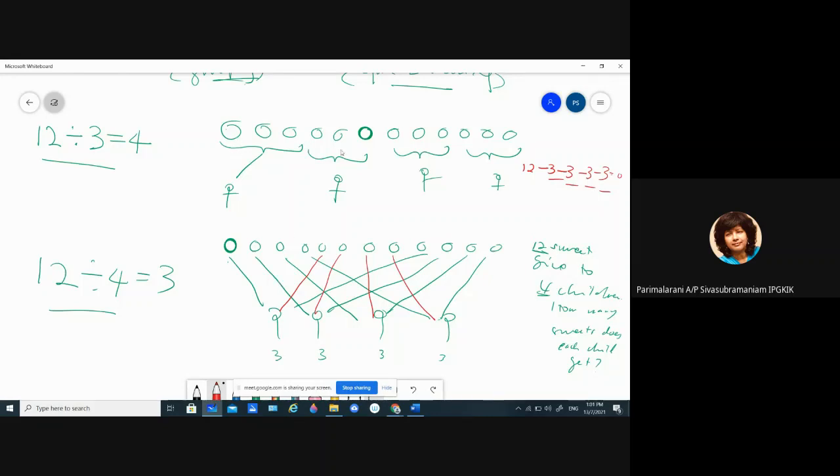I'm going to read one story to you. You tell me what concept this is. Anthony buys 54 oranges. If he puts an equal number of oranges in 6 bags, how many oranges will be in each bag? Is this the measurement model or partition model?